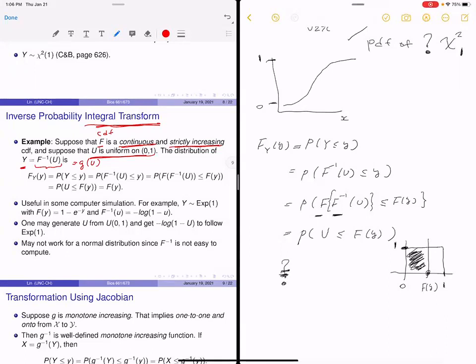I usually joke that even my middle school daughter would know what area is right here. Okay, what's area? Nothing but Fy, isn't it? This guy is length, this guy is width, so it's 1, this guy is Fy.